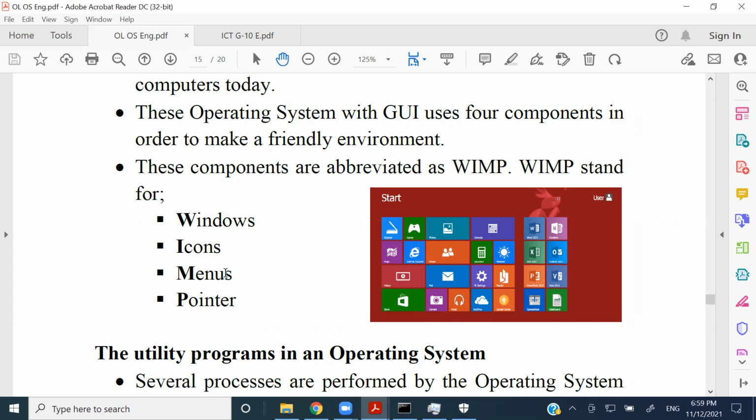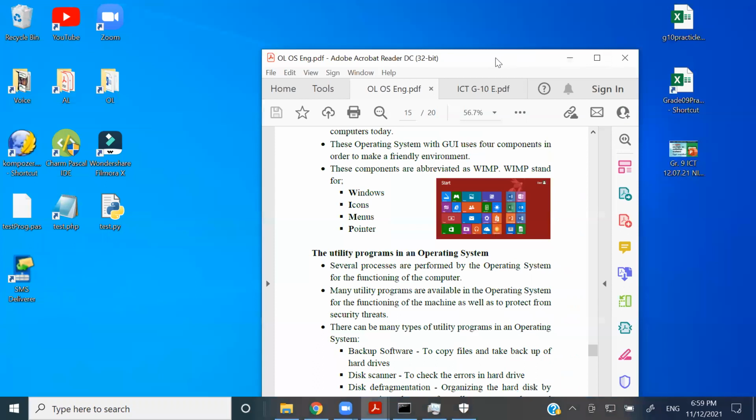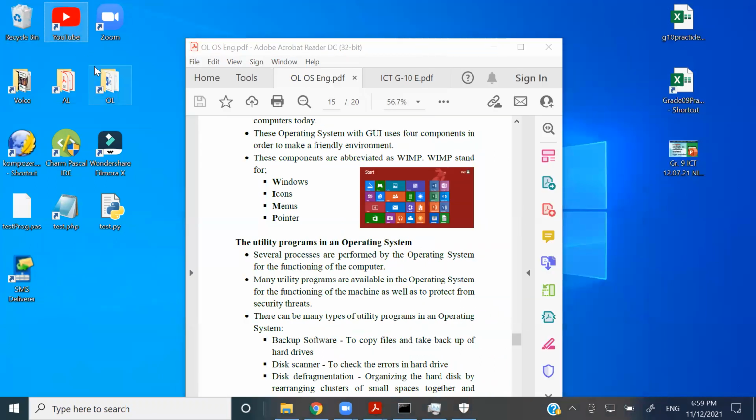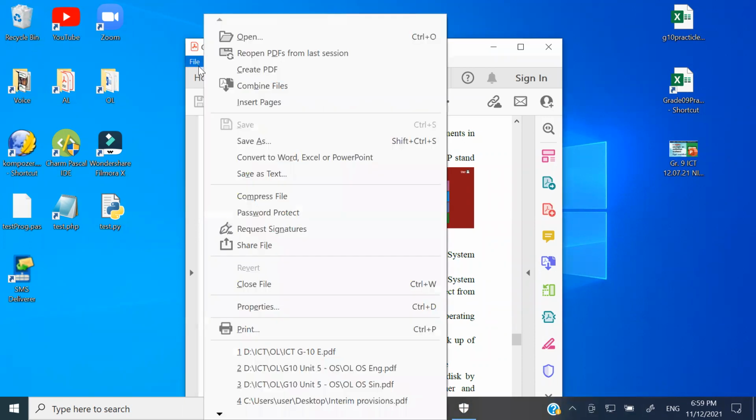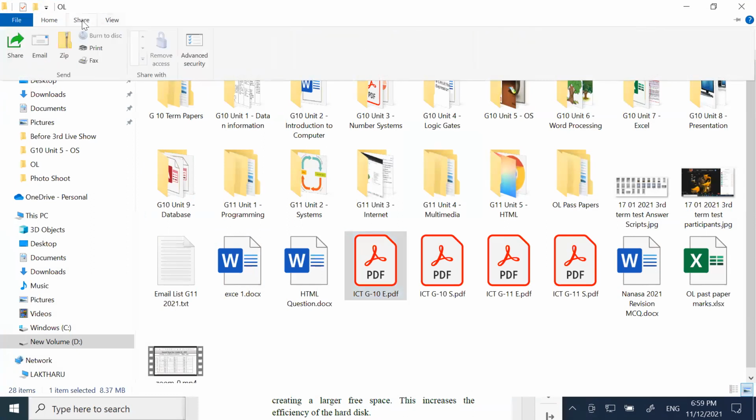If you take a look at the Windows operating system, you can see all these things, right? This is called a window. And you can see the icons like this. Icons can be a shortcut icon, a straightforward icon, a file icon, any kind of icon. And you can find menus. If you take a specific software, you can find a menu, and if you open Windows Explorer, you can find menus like this.